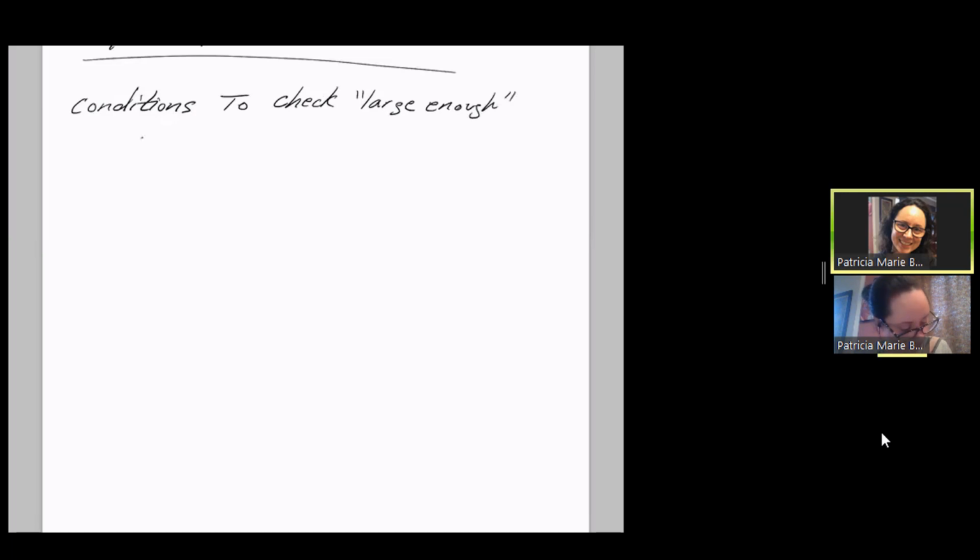To check things like, is there independence? So there are 3 conditions that must be met.